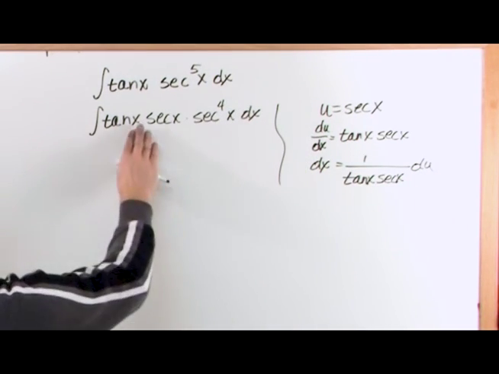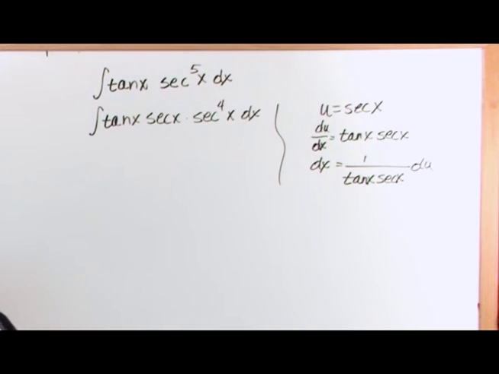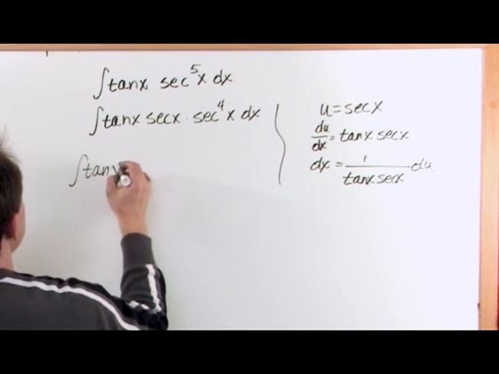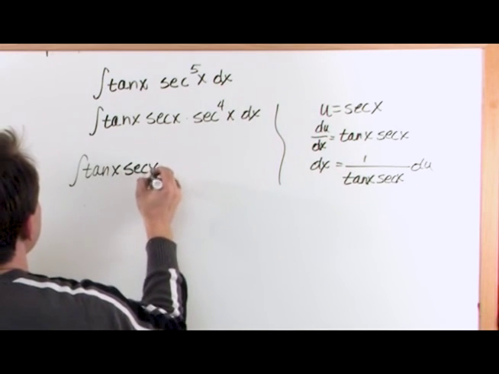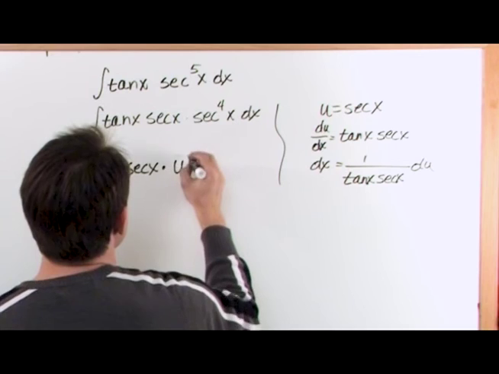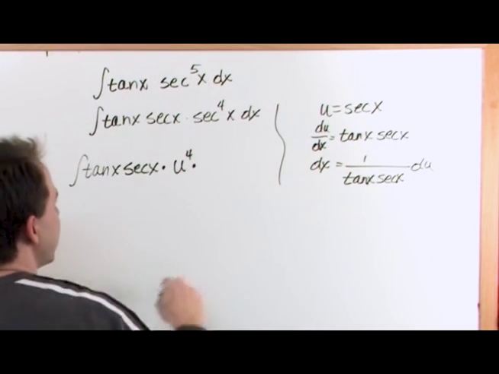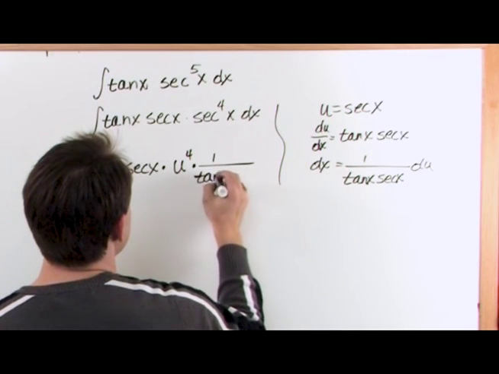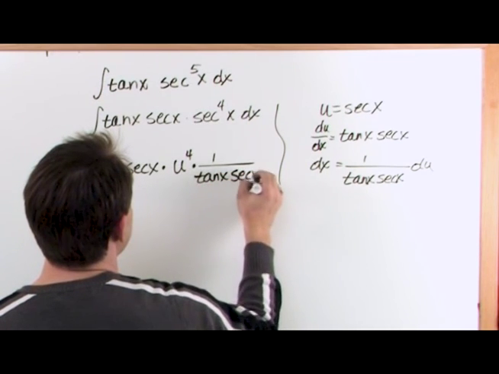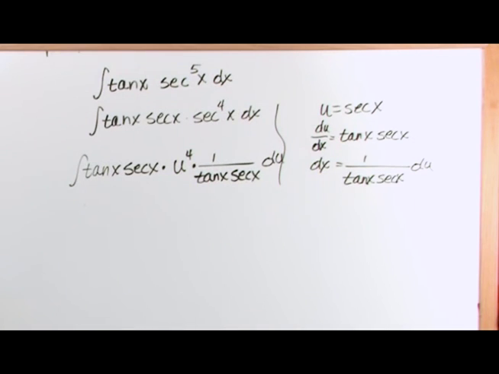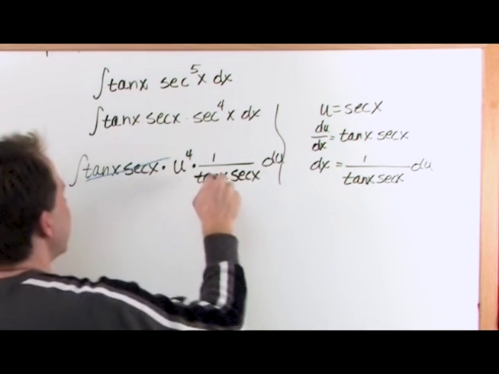And that's going to give us a nice cancellation with this term over here, so we're going to use it, and we're going to say integral of tangent x times secant x times u, since u is equal to secant, so it's going to be u to the 4th power, times dx, which is 1 over tangent x secant x du. Okay, and you can see right away we did it because this cancels with this.